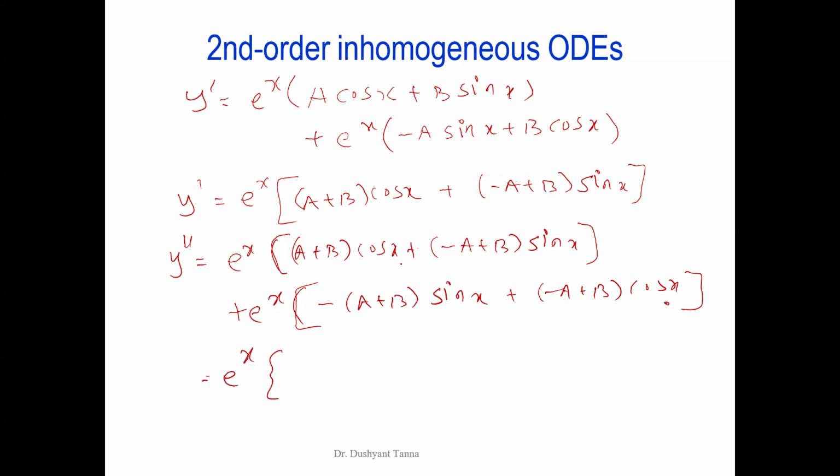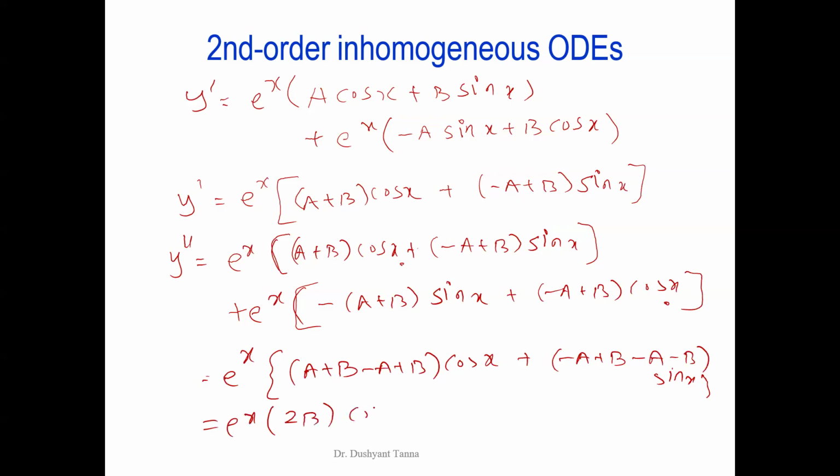Combine cos, so we got two cos terms, (a + b) + (-a + b) cos x, and up here, (-a + b) - (a + b) sin x. a is gone, 2b cos x minus 2a sin x. This is y''.